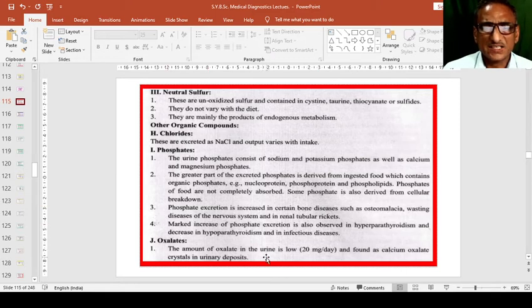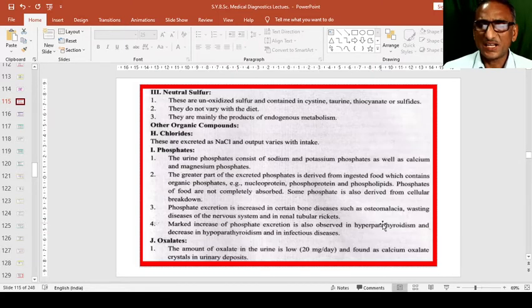Phosphate excretion is increased in certain bone diseases such as osteomalacia, wasting disease of the nervous system, or renal tubular rickets. So in urine diagnosis, if phosphates are excreted in increased amount, then the probability of these three diseases may be there in the patient.